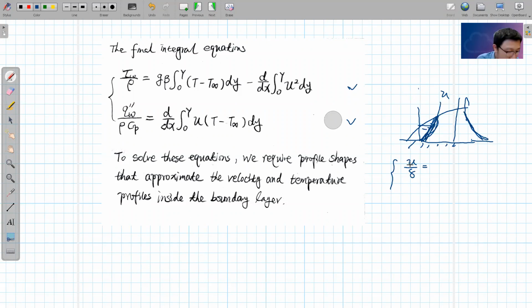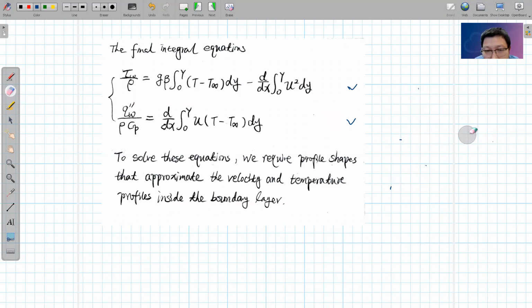So we will do a similar thing here. To solve this equation, we need to know T minus T infinity as a function of x and y, and also u as a function of x and y.